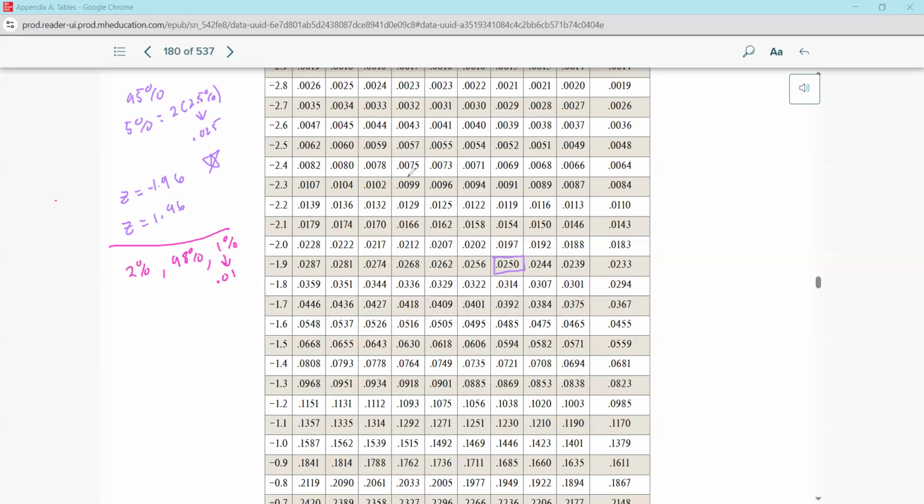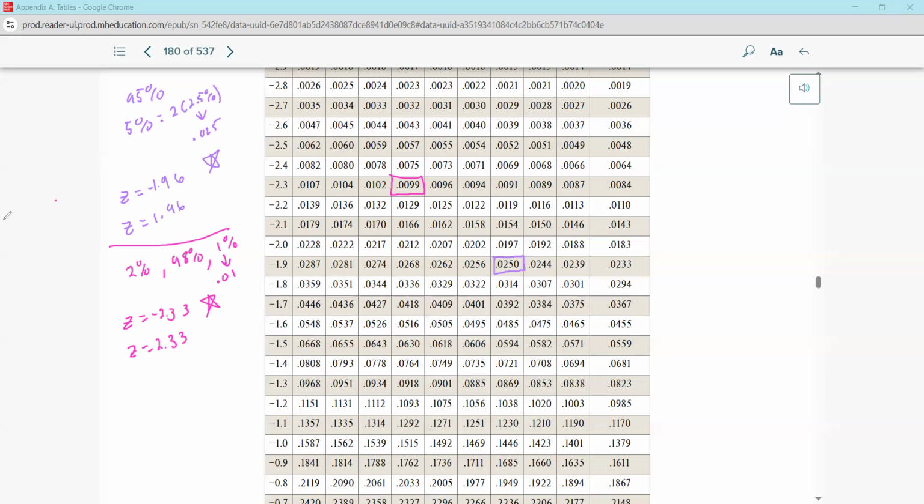I think this is going to be the closest one I would get to 0.01. So I'm going to use this data right here. So that's going to be a z-score of negative 2.33 right there. And if that's this answer, my other side would be a positive 2.33. So for 98%, you need to know that's a z-score of 2.33.